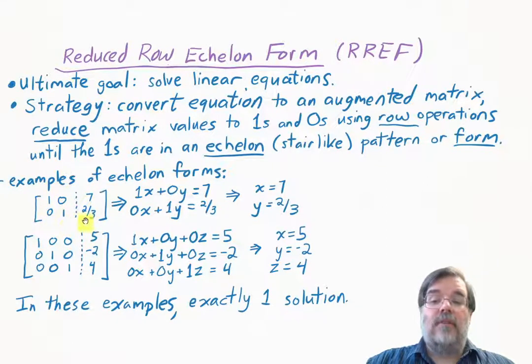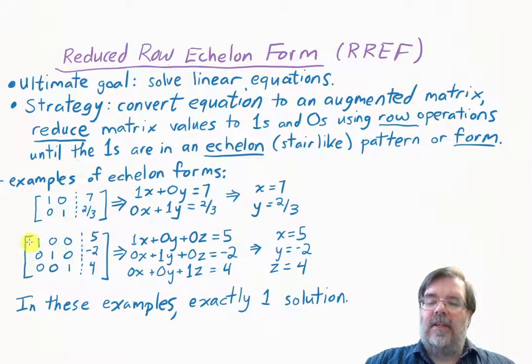And if you were to convert this augmented matrix back to a system of equations, you have 1x plus 0y equals 7, but that simplifies to just x equals 7. Similarly, the second row corresponds to 0x plus 1y equals 2/3, but simplifying that, you get just y equals 2/3. And so if something's in this form, the solution is basically the numbers in the right-hand column.